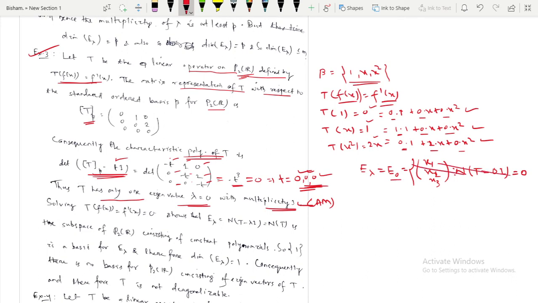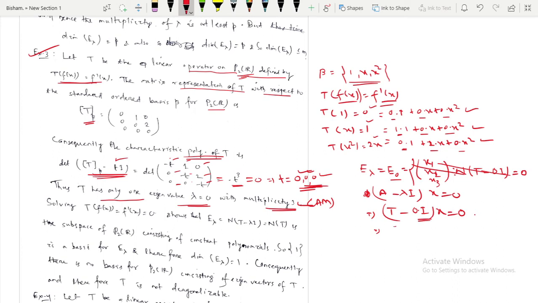We know A minus lambda I of x equal to 0. Here the A is transformation T, so T minus 0 I of x is equal to 0. That means 0 I is 0, so T of x equal to 0.